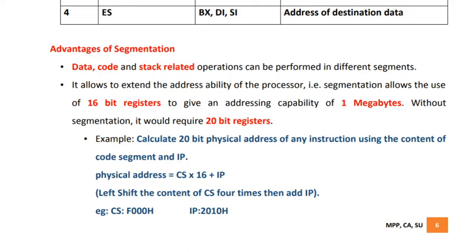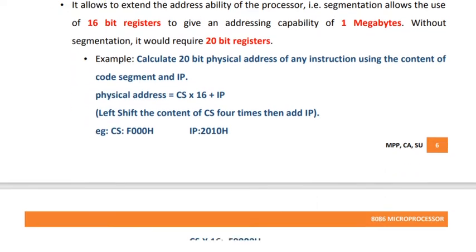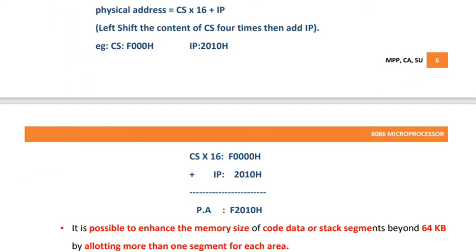Let us consider the value of CS is F000H. So CS has F000H and IP has 2010H. First we shift the content of CS by 4 bits, that is, we multiply it by 16, so it will be F0000, and then we add the content of IP, that is 2010H.